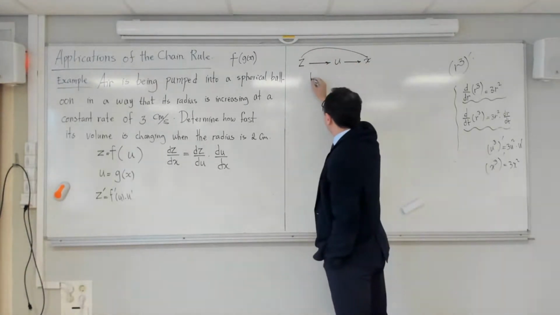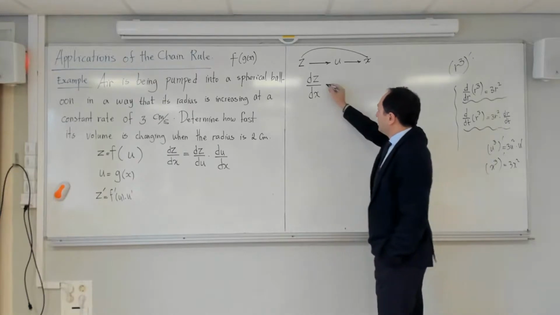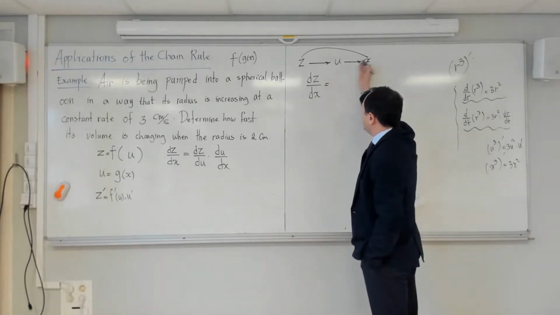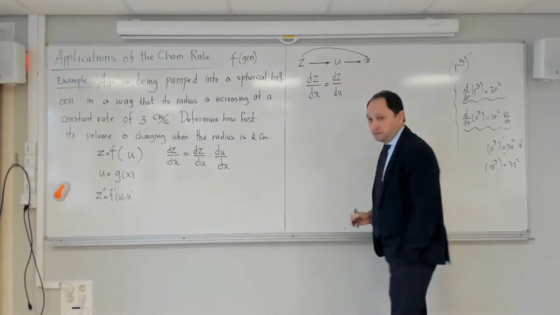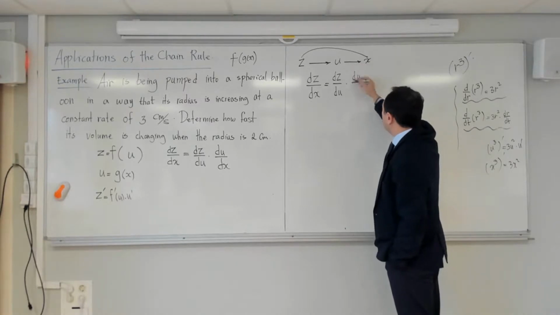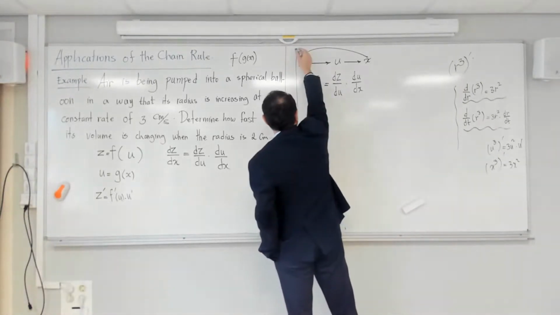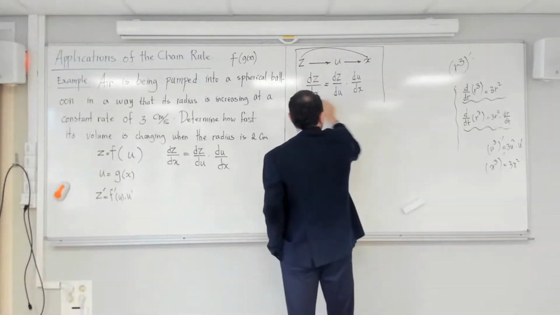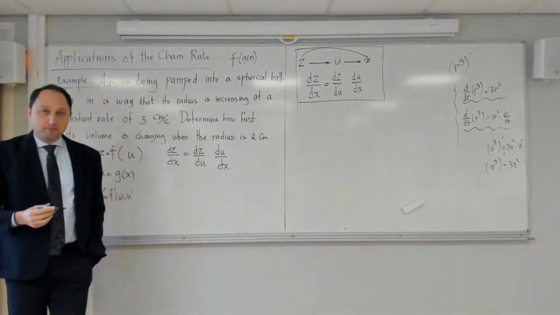So I am interested in calculating the derivative of z when x is changing. You can do it in two steps. You can calculate the derivative of z with respect to this intermediate variable, and then multiply it by the derivative of the intermediate variable with respect to the last variable. So this is another nice form of writing the chain rule, which is useful in these kinds of problems.